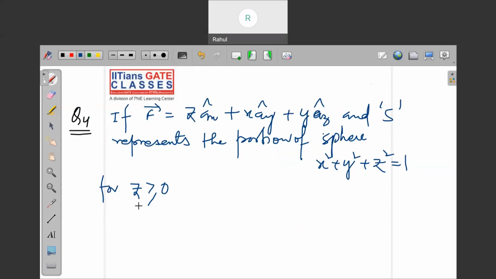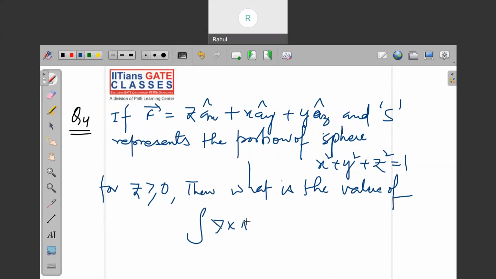Then what is the value of the open surface integral of curl of f dot ds? Very good problem, right?